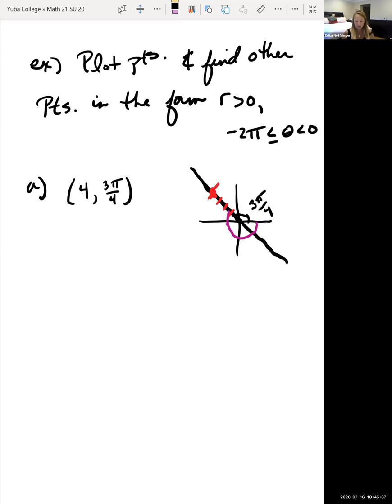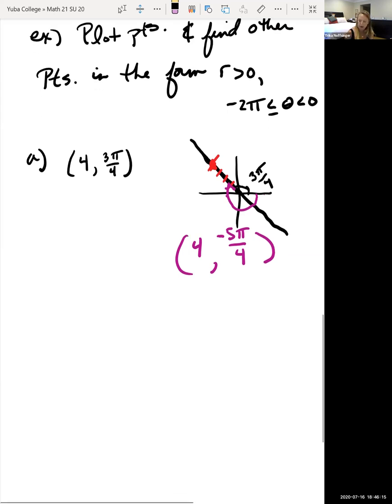Well, if this is 3 pi fourths, my reference angle would have been pi fourths. So pi fourths plus pi, 4 pi fourths plus 1 pi fourths, that's 5 pi fourths. But I'm going in the clockwise direction, so it's -5 pi fourths. And we wanted our R value to be positive, so 4. Okay, so we plotted the point and we found another point with the information that they asked us to.